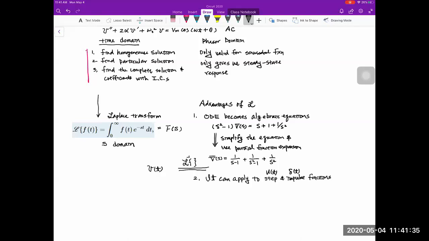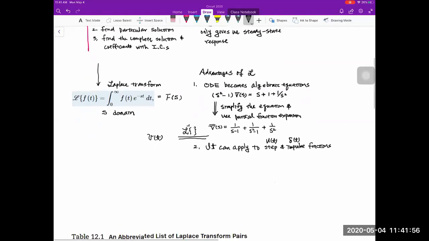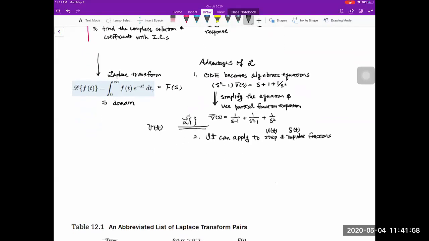So if you have a signal, you can use the delta function to represent, I'm going to sample the signal at this particular time, you multiply with the impulse function, which will give you the value at that time. It's important when you do a sample. But a lot of different functions can be simplified by using this kind of functions. So it's not possible that you do a phasor. You can do it in the Laplace transform, but you cannot do it in the phasor domain.